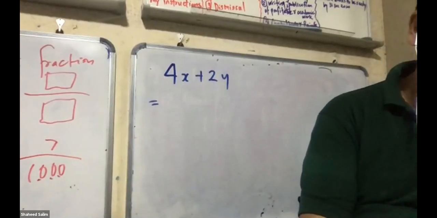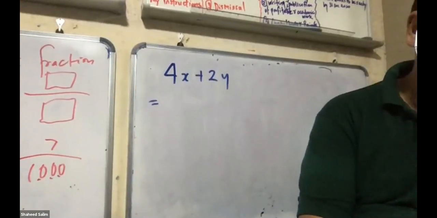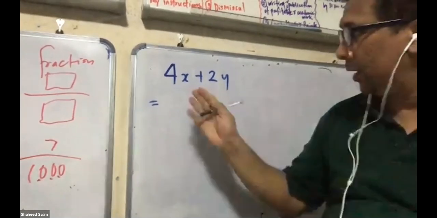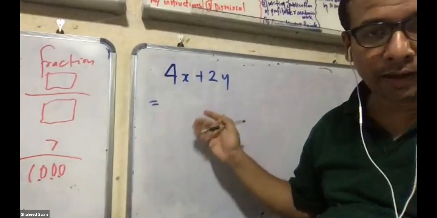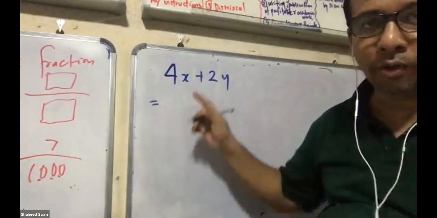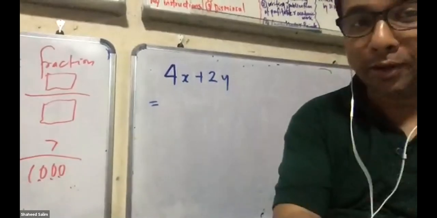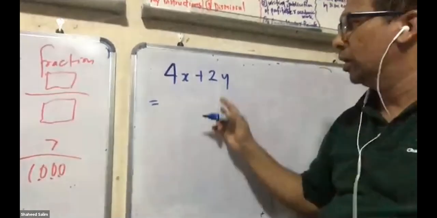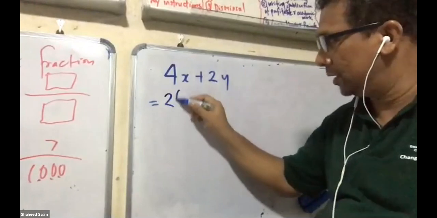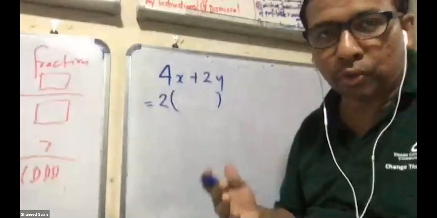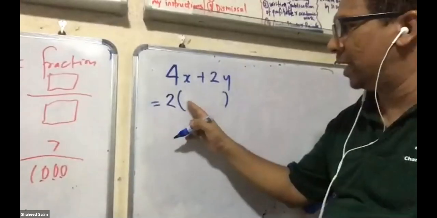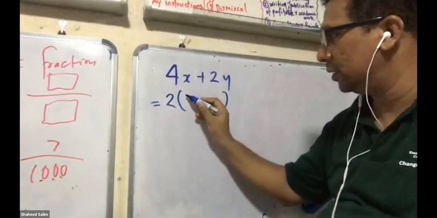What do they have in common? Do they have anything in common here? They are both divisible by 2. So I take the 2 and put it outside. This is a process called factorization. So what is left? What times 2 equals 4x?